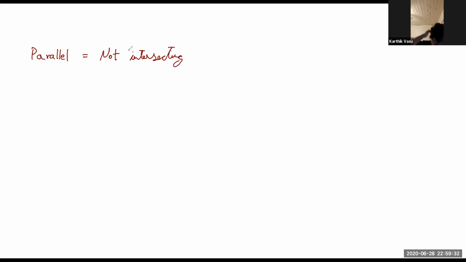Okay, so this was in the language of Euclid, which is not the language we currently use. So translating this to what we do now, let's try to say all this in a very slick and compact way.